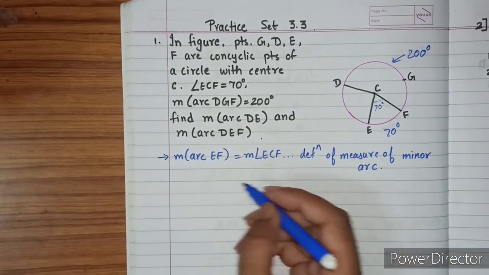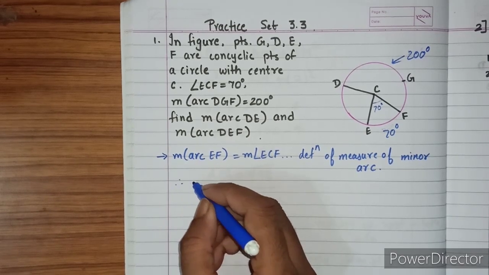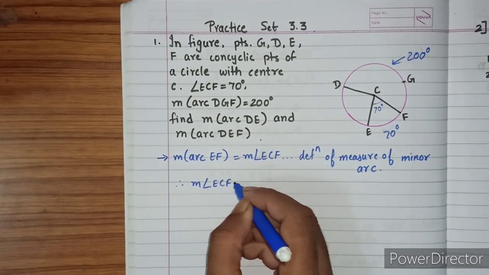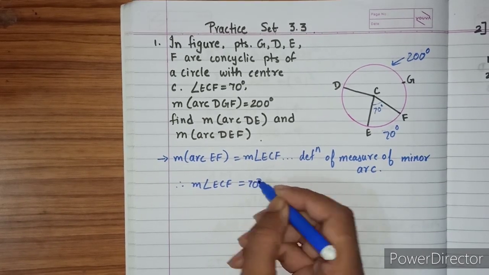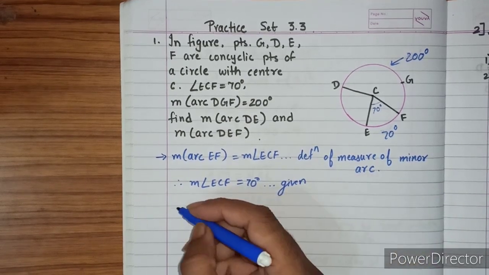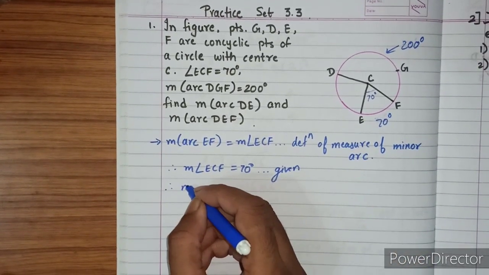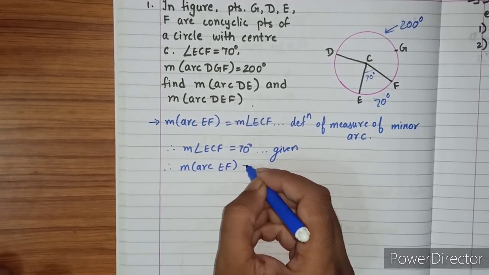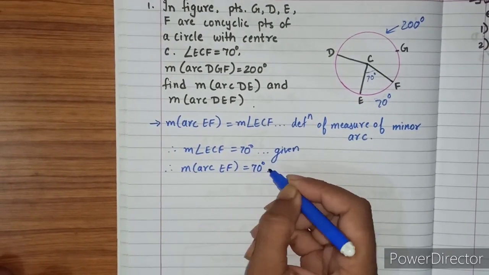Now, therefore, measure of angle ECF is equal to 70 degree. This is given to us, right? Therefore, measure of arc EF will be equal to 70 degree.